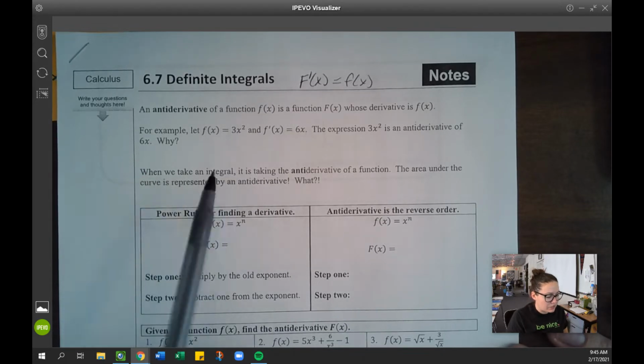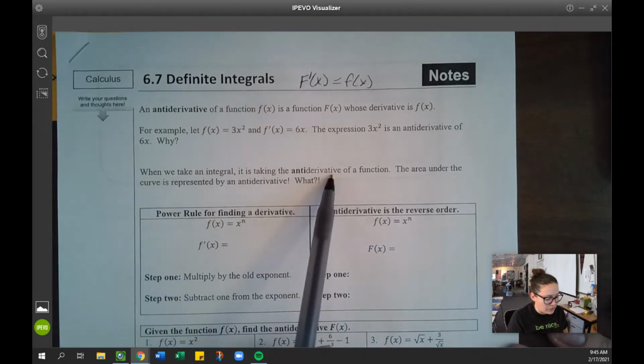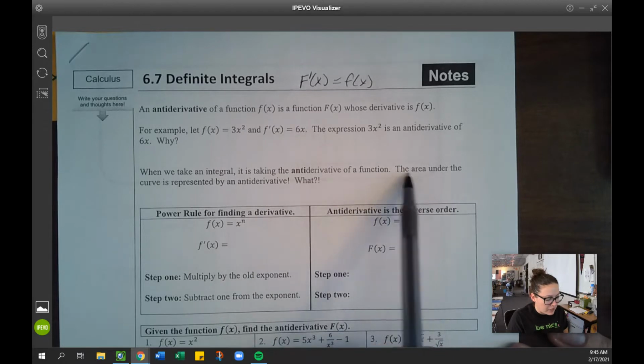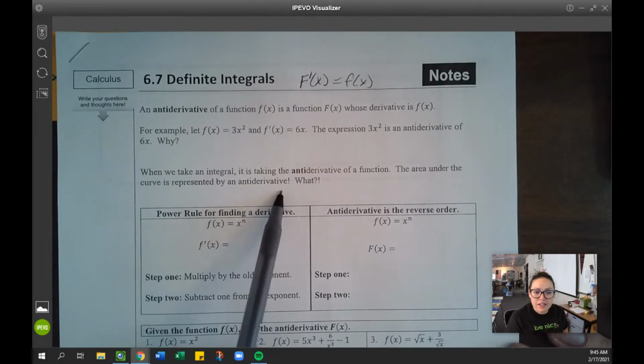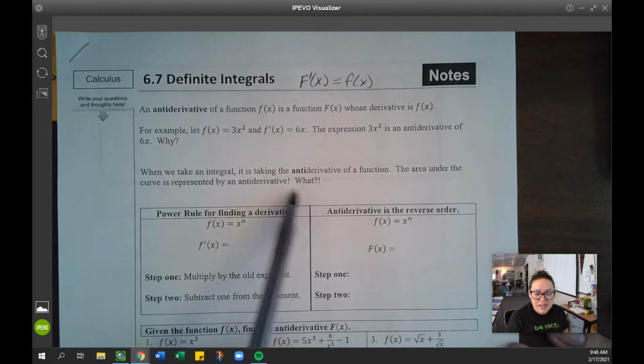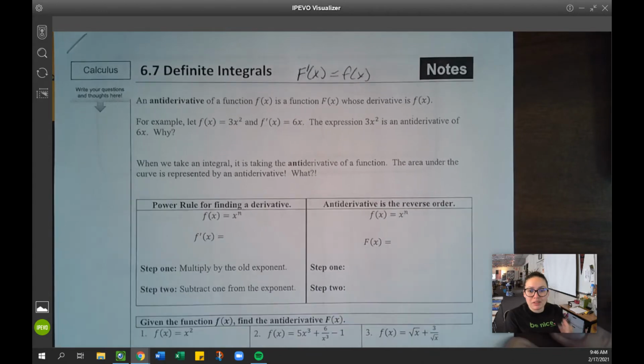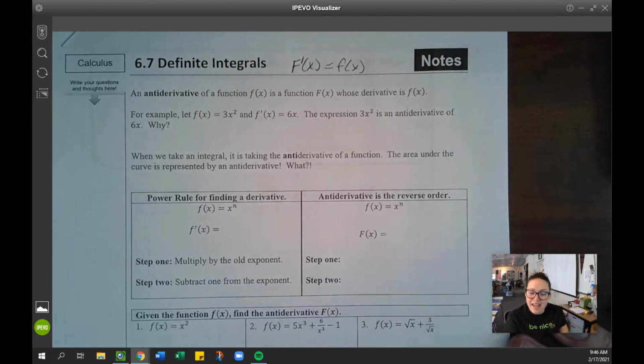When we take an integral, it is taking the antiderivative of a function. The area under the curve is represented by the antiderivative, which is kind of crazy. So being able to take the antiderivative is going to allow us to find the exact area under the curve. No more needing to do Riemann sums.